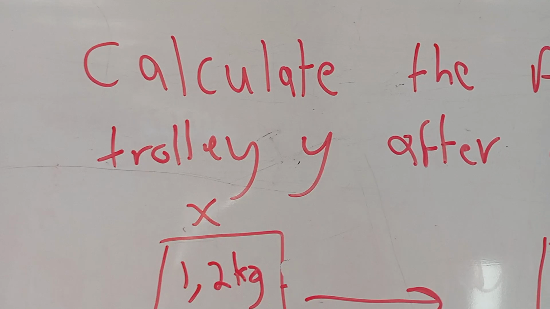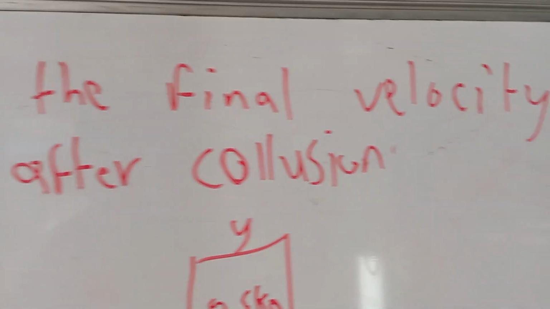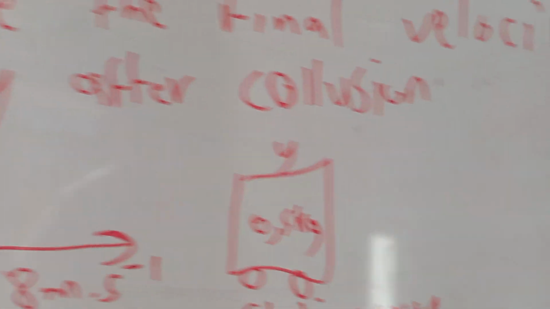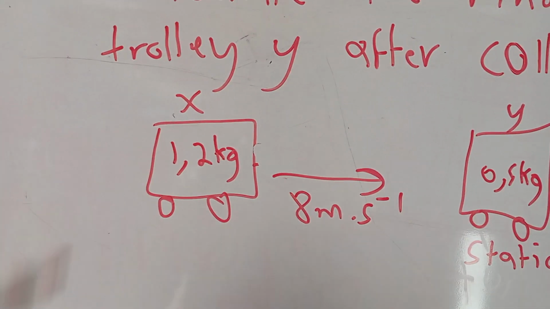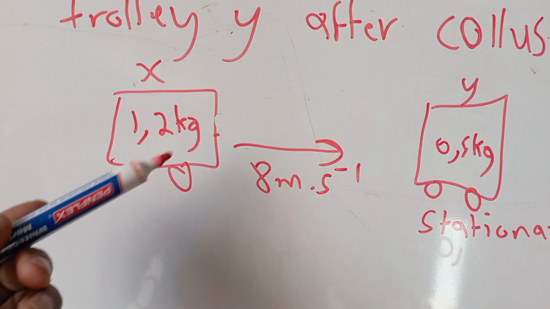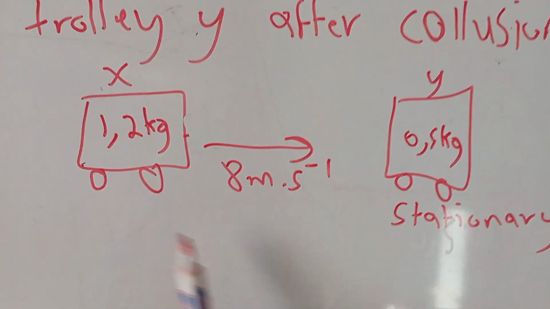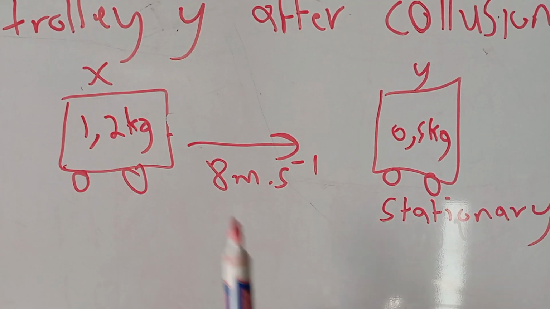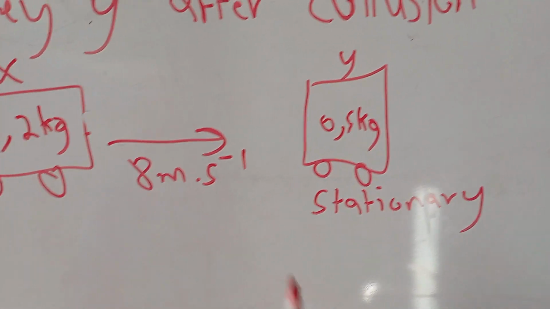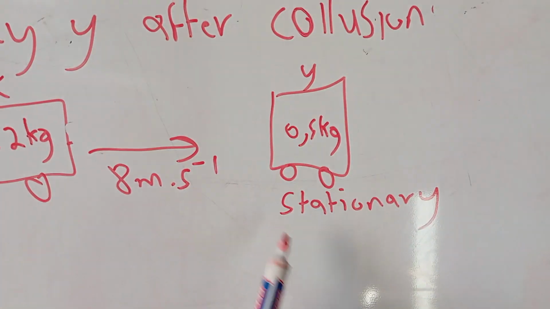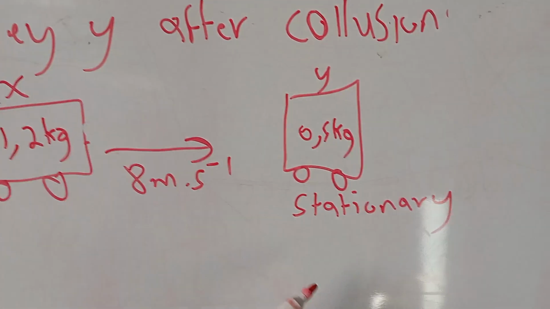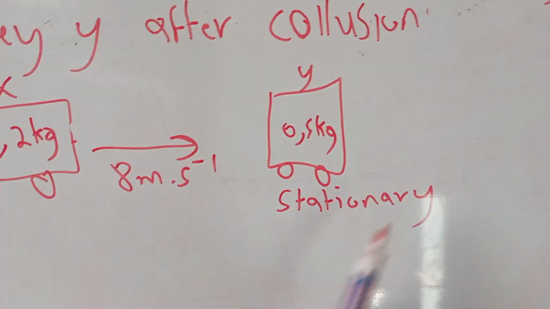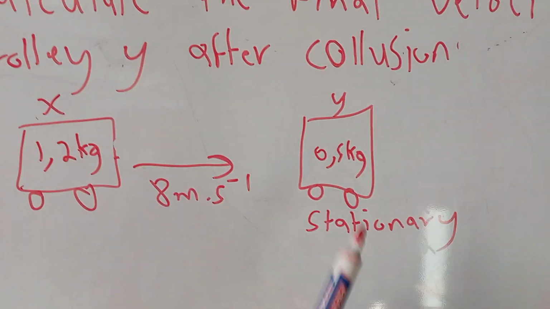On today's lesson, we'll be calculating the final velocity of trolley Y after collision. So we have two trolleys, trolley X of mass 1.2 kg, moving at a velocity of 8 meters per second towards trolley Y. Trolley Y of mass 0.5 kg is a stationary trolley, which means it's standing in that one place.